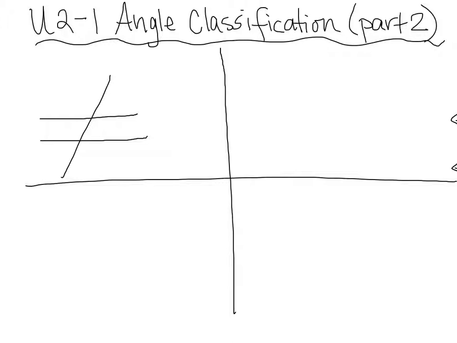Okay, and I'm going to identify 2 specific angles. Okay, I'm going to identify this angle and this angle. Maybe put little slashes through them. So those 2 angles have a specific name. They are called corresponding angles.